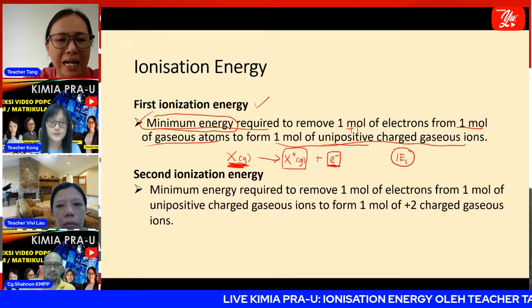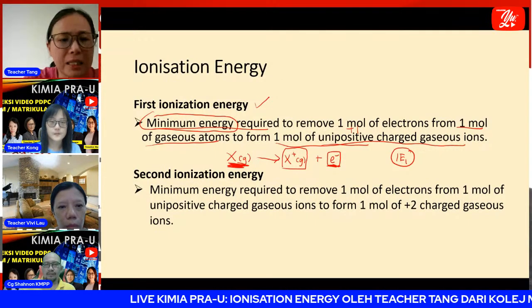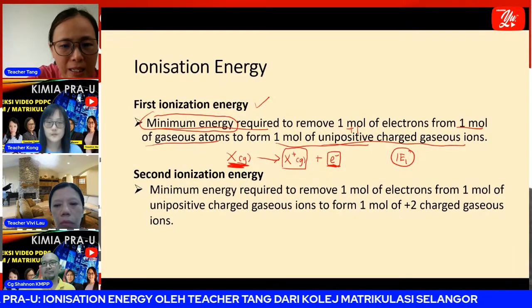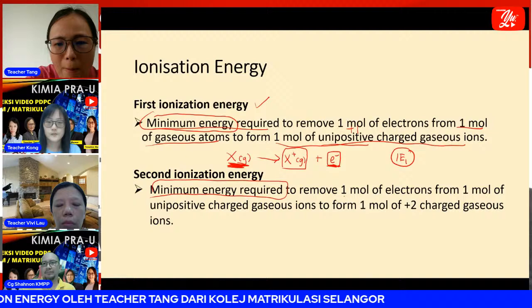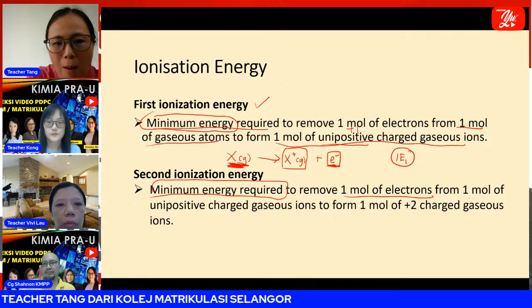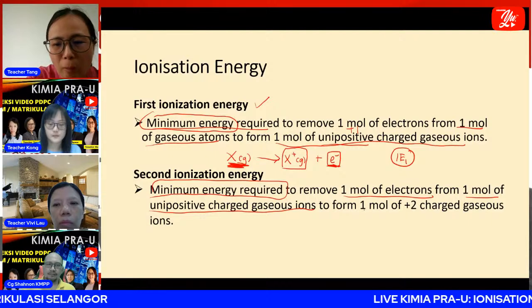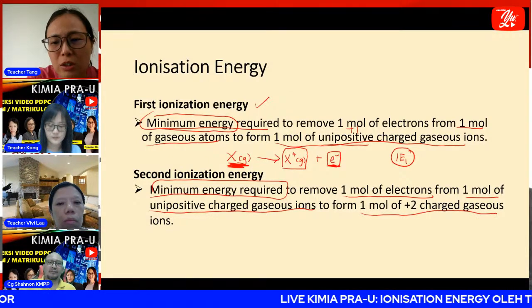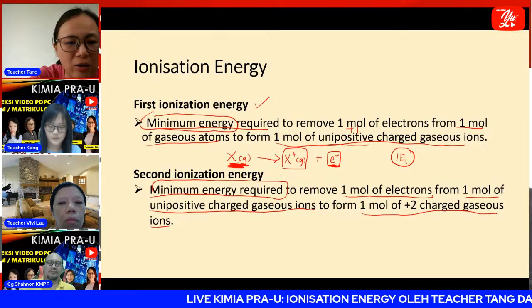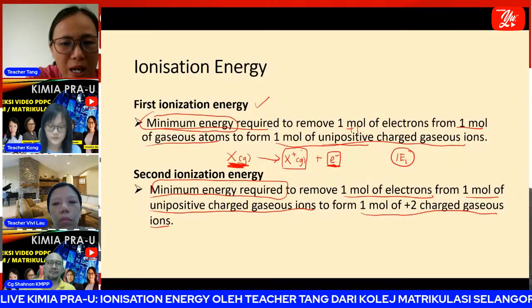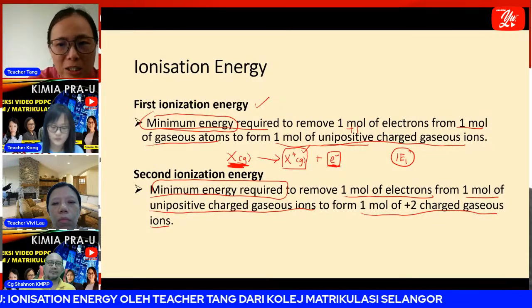What is second ionization energy? Second ionization energy refers to the minimum energy required to remove 1 mole of electrons from 1 mole of unipositive charged gaseous ion to form 1 mole of positive 2 charged gaseous ion. What does it mean? After first ionization energy, we get 1 mole of positive 1 gaseous ion.